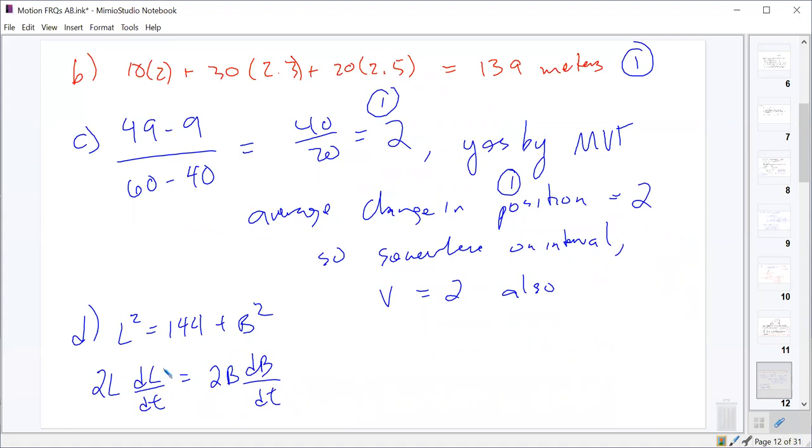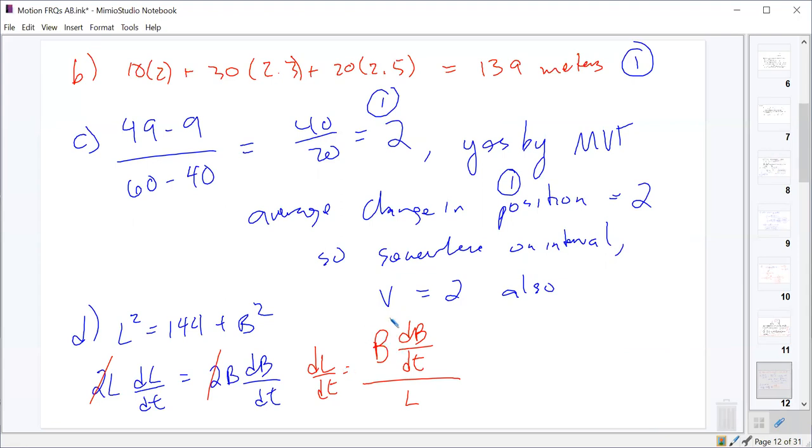We are looking for dL/dt, so we can cancel out the 2's, and we should get b times db/dt over L is our dL/dt. And we're interested in what that is at t equals 40.